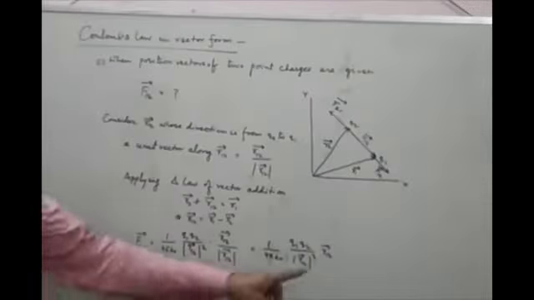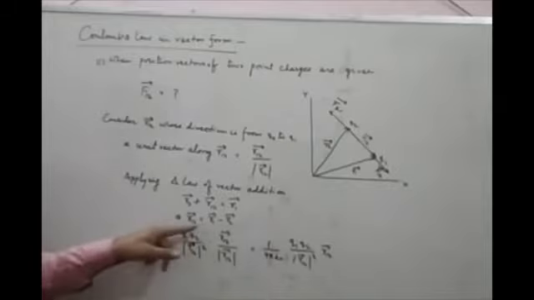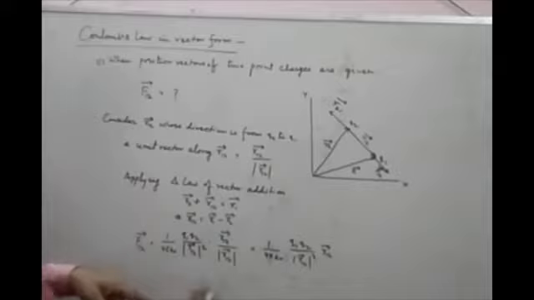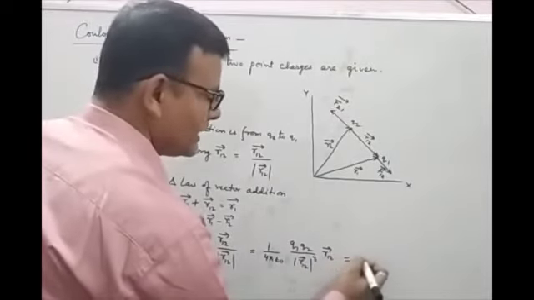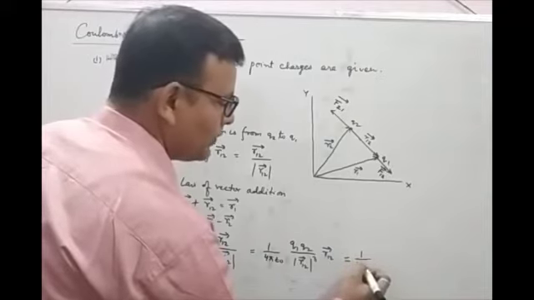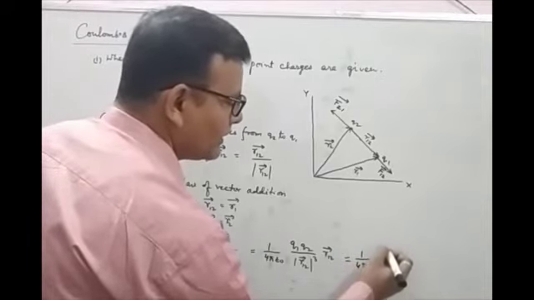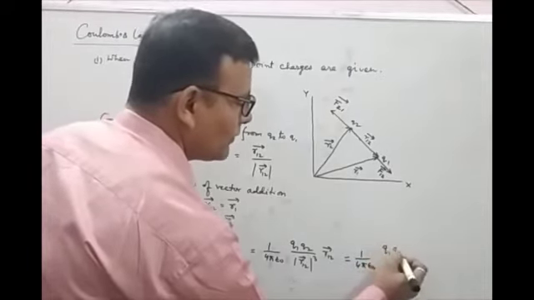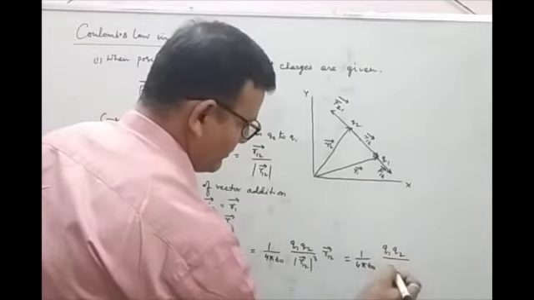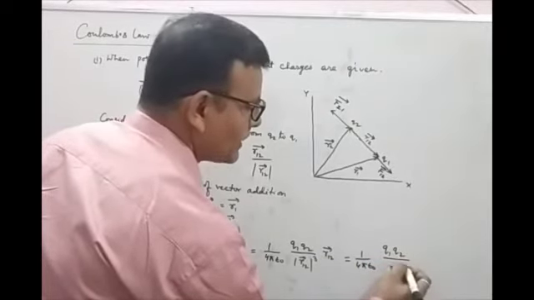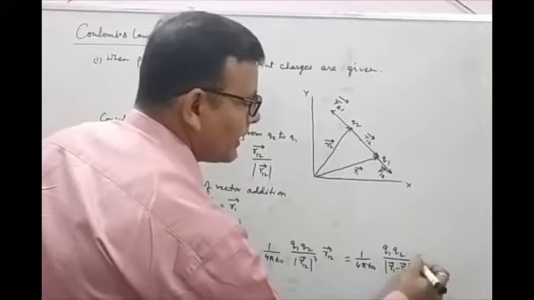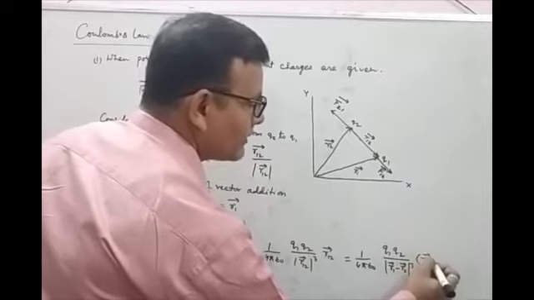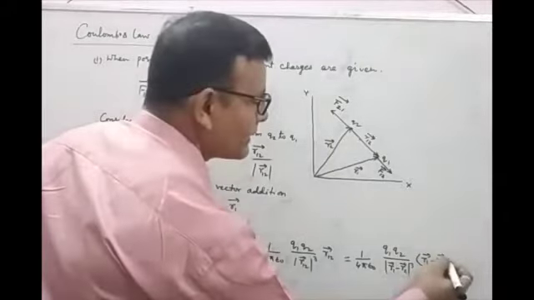You can also write the value of R12 vector from here, so it can also be written as 1 by 4 pi epsilon naught Q1 Q2 by mod R1 minus R2 vector cube into R1 vector minus R2 vector.